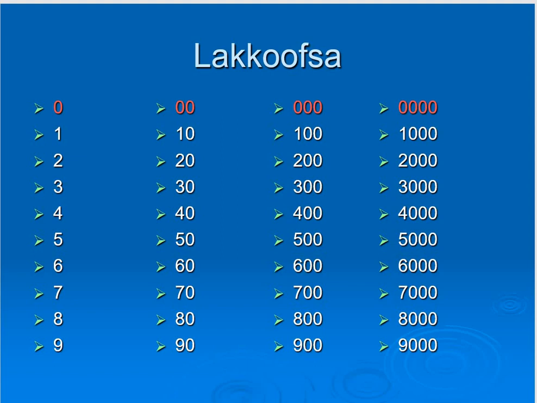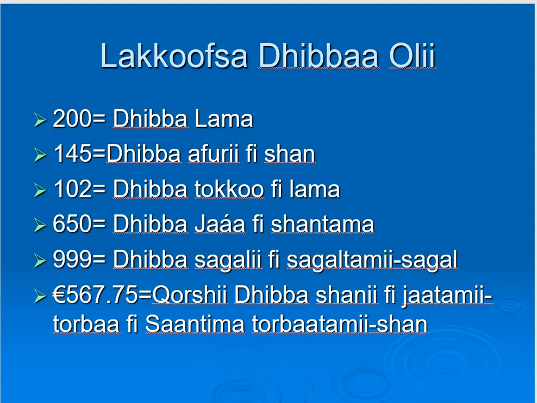And now let's go to reading some numbers. This is where the difference is. Probably those who know English will understand how Oromo always counted. The first one is ibba lama.